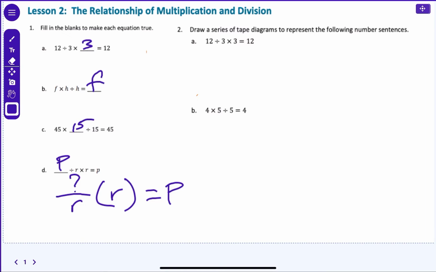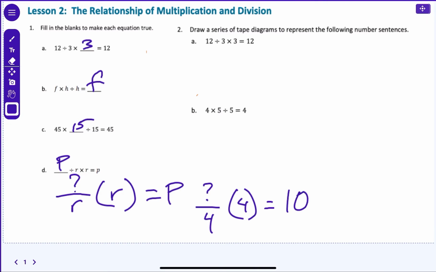So let's put that in more mathematical sense here. If I said some number divided by 4 times 4 is equal to, let's say, 10.